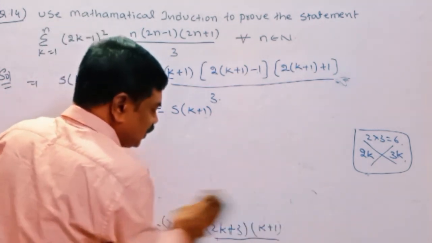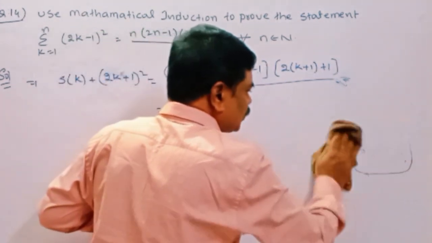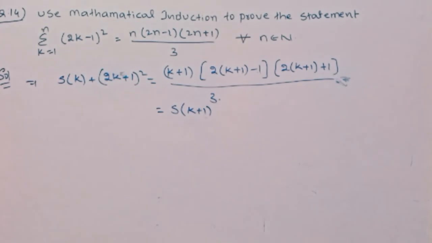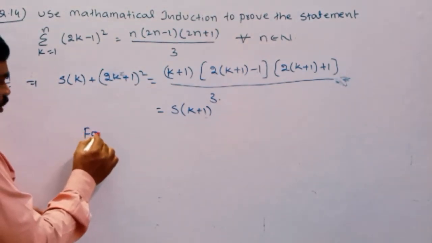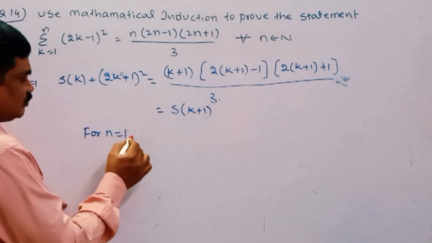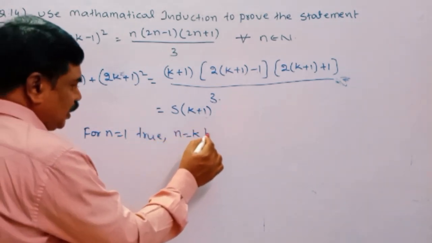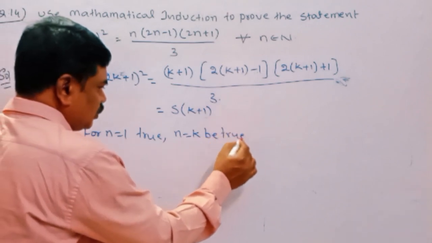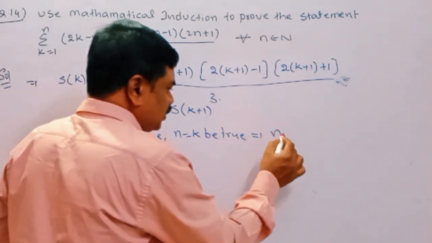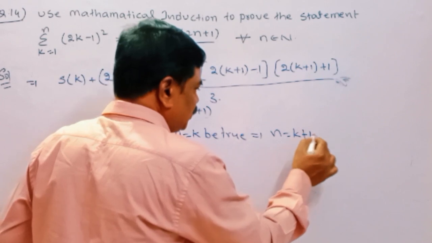So what we conclude is: for n equals 1, true. n equals k true implies n equals k plus 1 true.